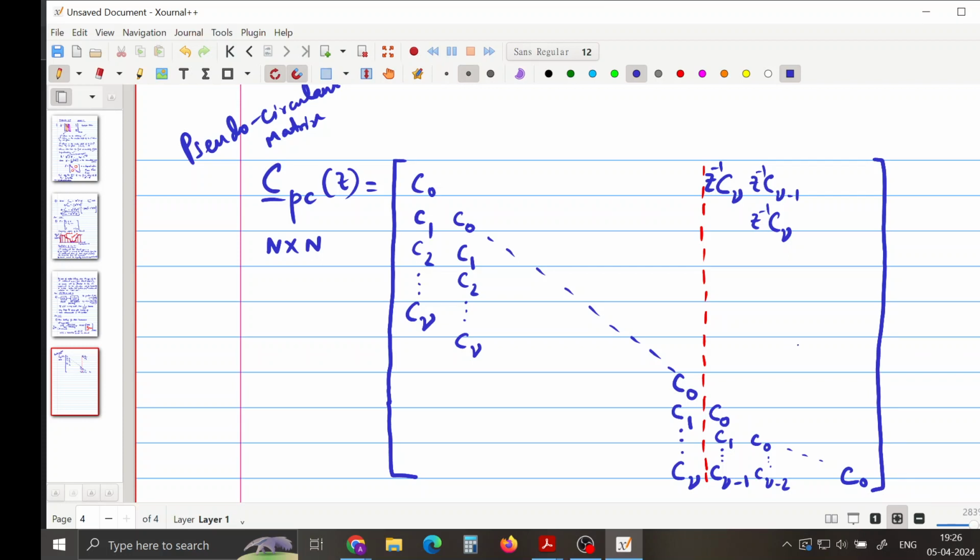So all the successive terms C1, C2 and so on till C mu will now go to the top. C1 comes here but with a z inverse, C2 comes here with a z inverse, and so on till C mu with a z inverse. So see, these entries are constant across all the diagonals. This is how the structure looks more or less, and you can also draw another line as follows.